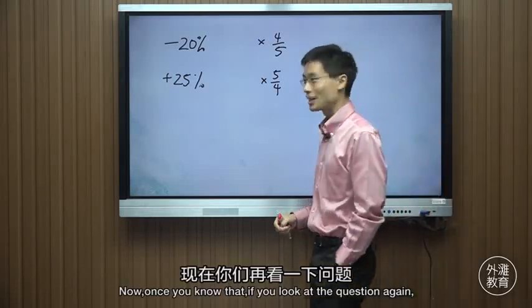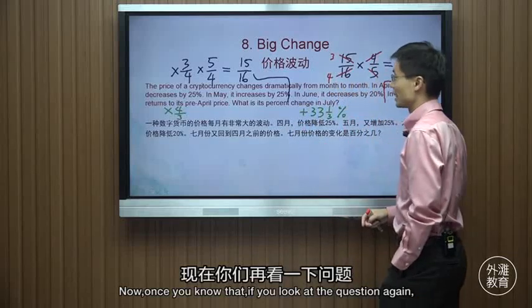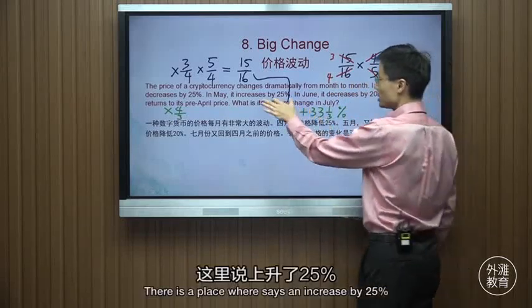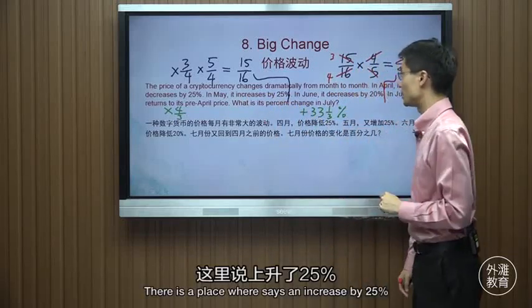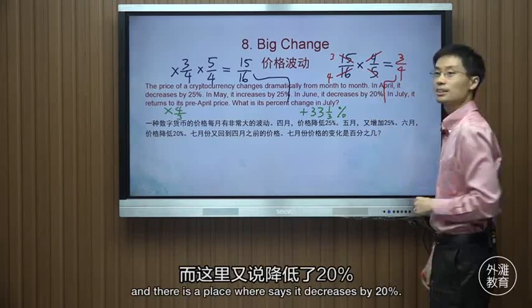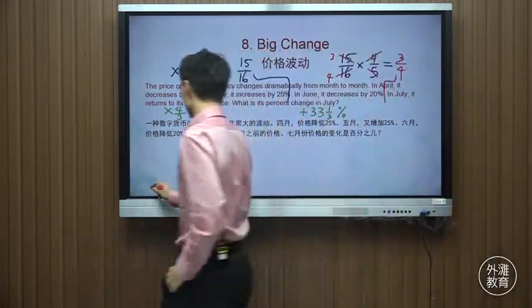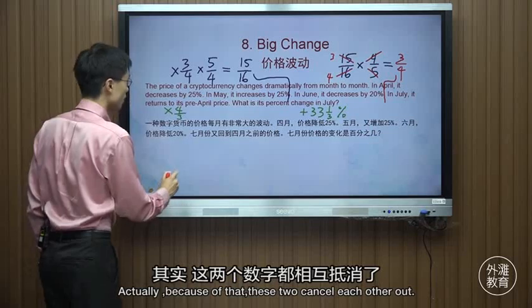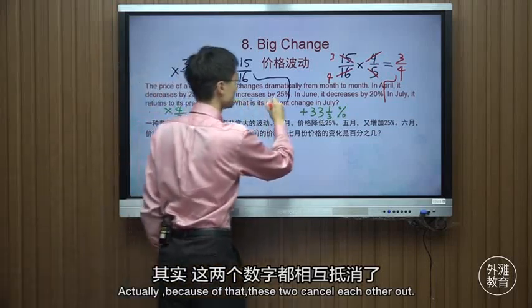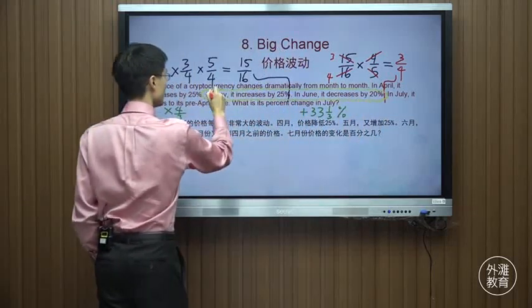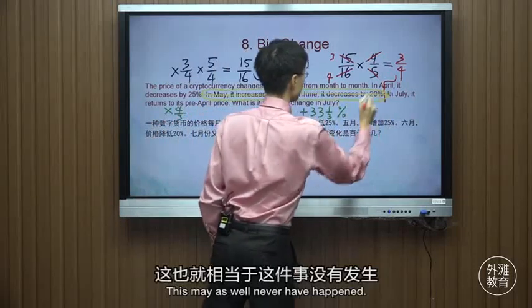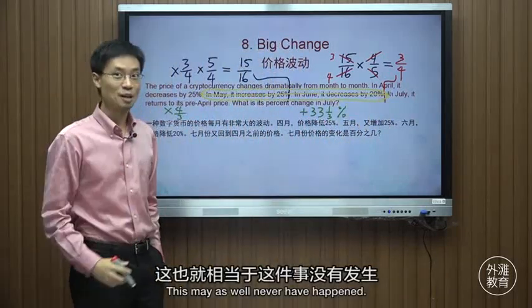Now, once you know that, if you look at the question again, there is a place where it says increases by 25%, and there's a place where it says decreases by 20%. Actually, because of that, these two cancel each other out. This may as well never have happened.